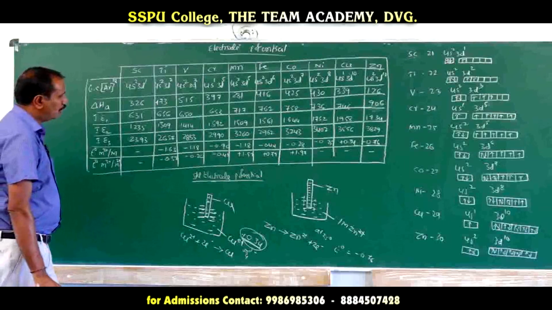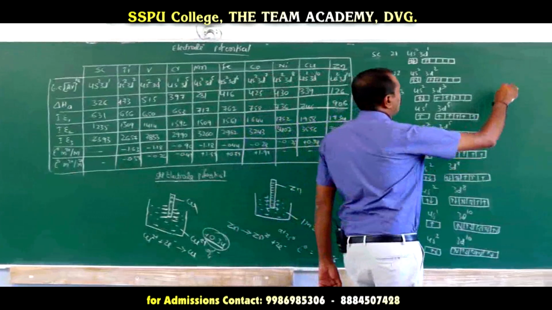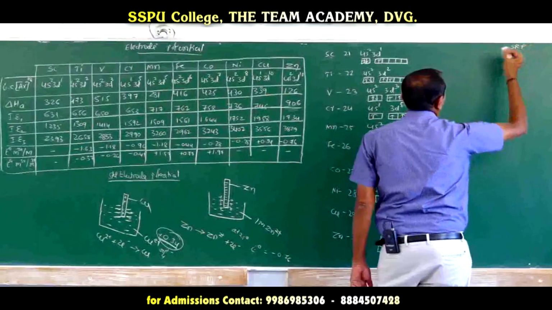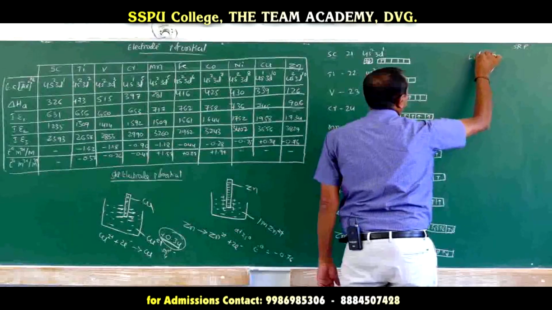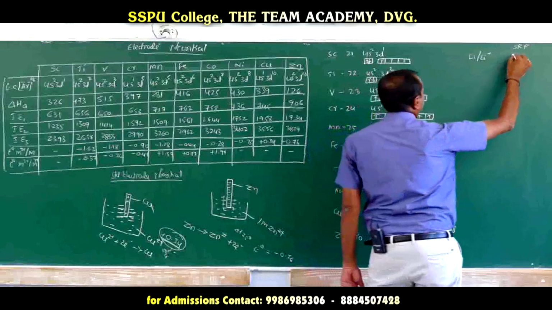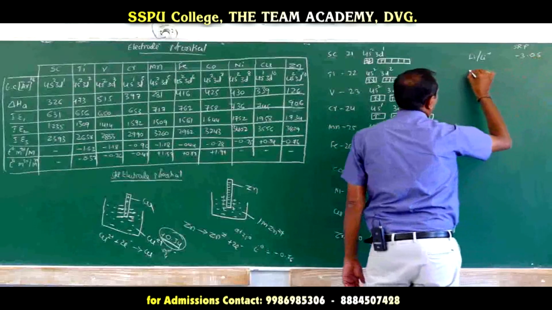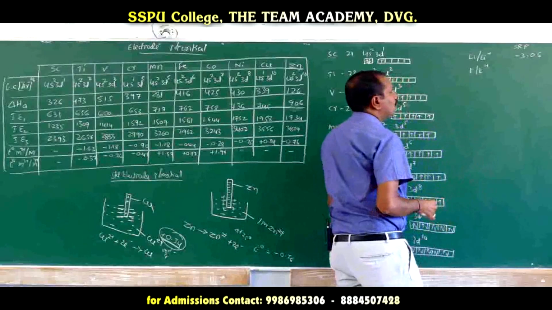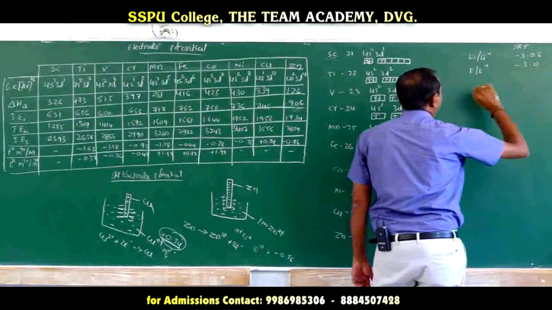Now, we know that in electrochemistry, what about the electrode potential SRP values for different electrodes? For lithium, Li|Li+, the SRP value is nearly minus 3.05. Then K|K+, potassium in contact with its own ion, is around minus 3.